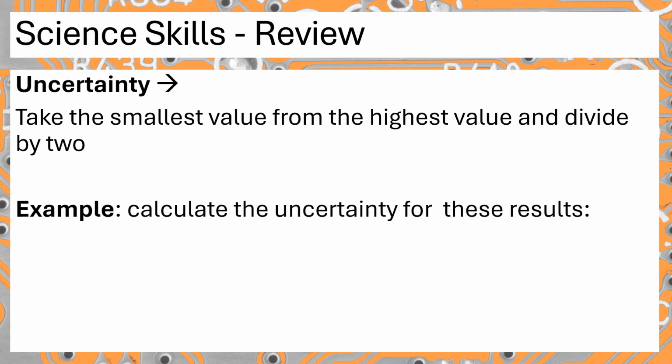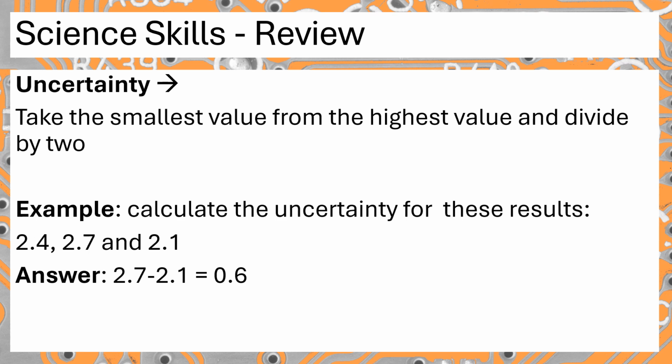I want to calculate an uncertainty for these results. So there's 2.4, 2.7, 2.1. I've repeated my experiment, done 3 sets of results, and that's what I've got, and I want to find the uncertainty. So the first thing I do is I take the smallest number away from the biggest number, which gives me 0.6, and then finally I divide that by 2 to give me an uncertainty of plus or minus 0.3.